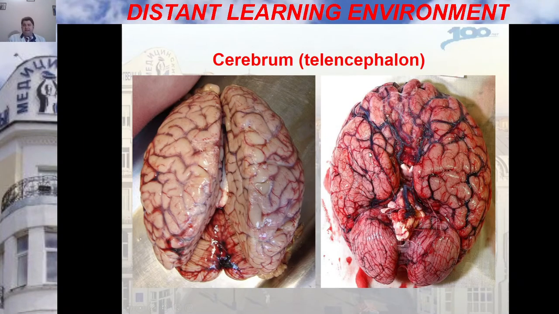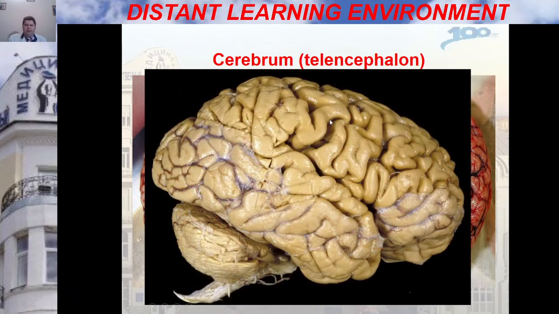You also may see the cortex cerebri, vessels, and also cerebellum, brainstem, and other parts. On this picture you may see the telencephalon from lateral view, and in detail you may see gyri and sulci of the superior lateral surface of the telencephalon.